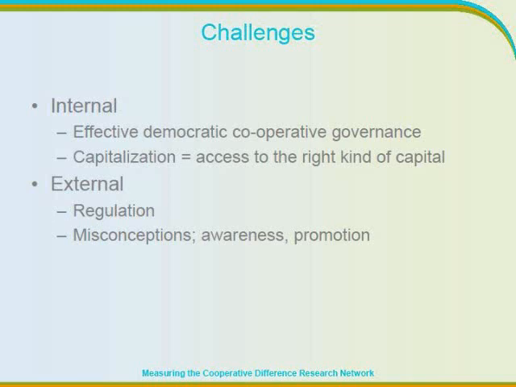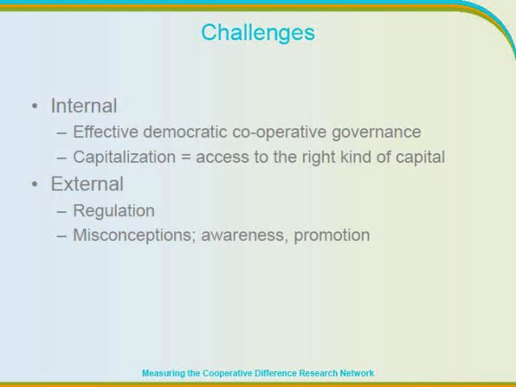Effective democratic cooperative governance is still something we need to work on. Cooperatives are emulating and copying what governance models are out there in the corporate sector, and it's not serving us too well. So we need to really understand what it is that cooperatives need to get out of the governance, and not listen to what we're told is the issue of control and effective governance models where separation of management from member control is, and so on.